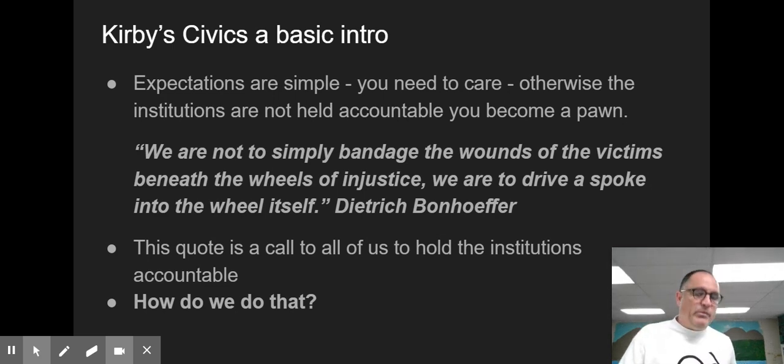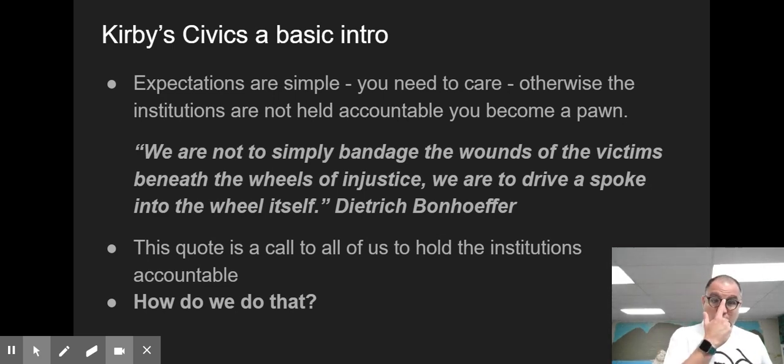And it was said by Dietrich Bonhoeffer, who fought against the Nazis in World War II and was killed by the Nazis after being imprisoned for about a year by them for treason. But he said this, and it's great to just think about that.